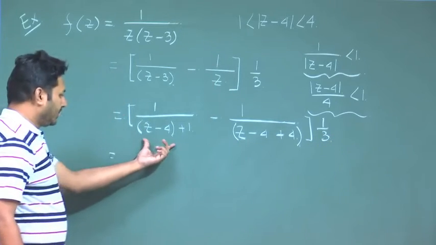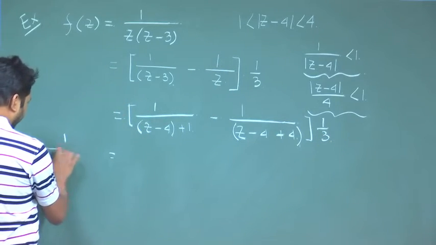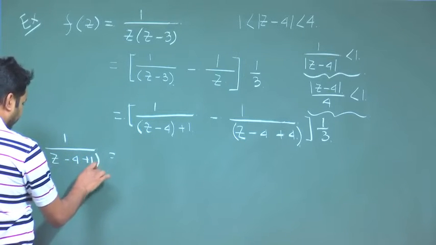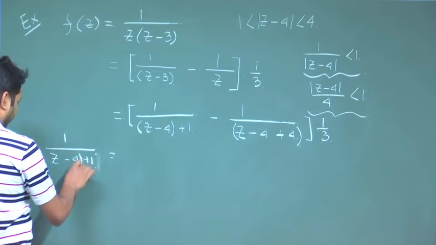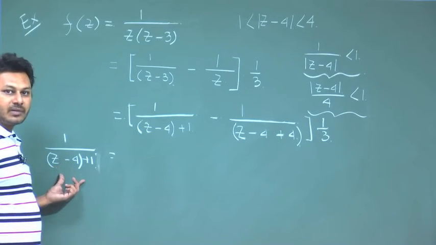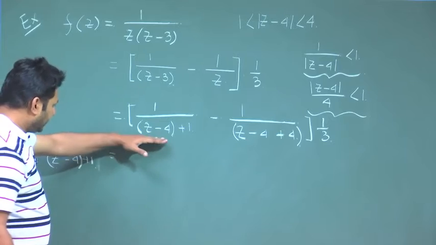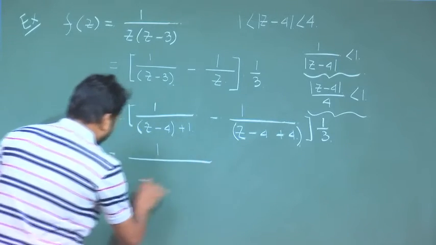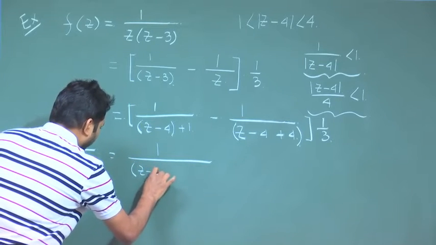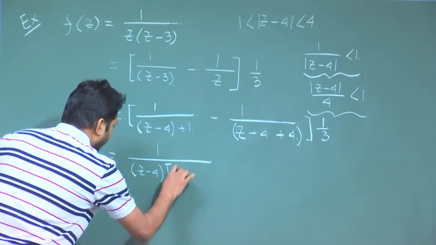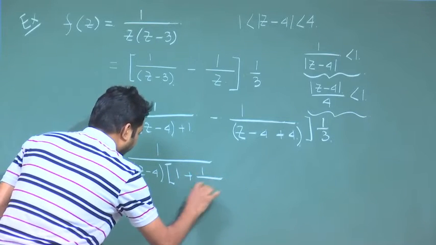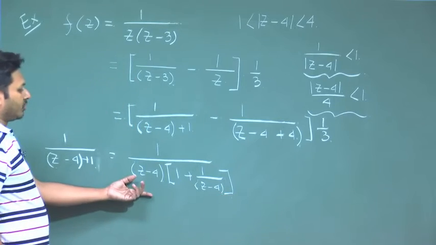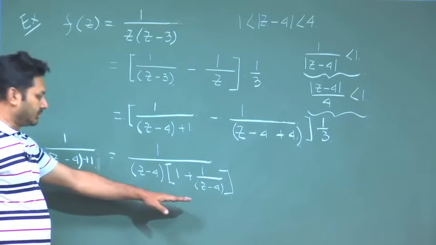So, separately, let me write it on the right hand side. I am expanding only this term, z minus 4 plus 1. If I take z minus 4 common, then it will be 1 plus 1 divided by z minus 4, this quantity. Now, I can expand that.